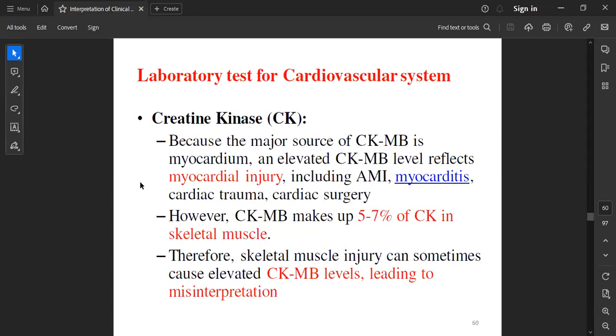CKMB. Guys, what is CKMB? Yes, CKMB is creatine kinase of the myocardial band.